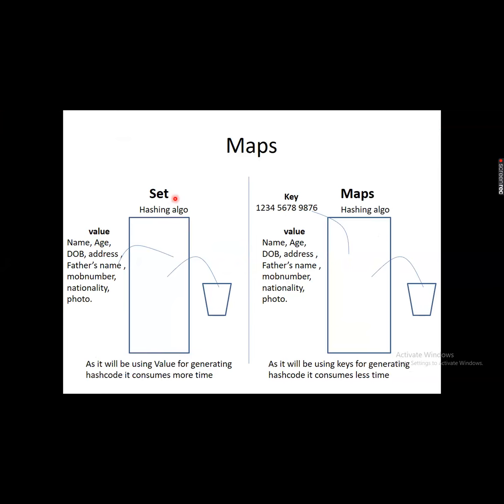With respect to maps, there are three different types of maps: HashMap, LinkedHashMap, as well as TreeMap. How will it work? I don't think I can speak in depth about all the types of maps, but if you have understood TreeSet, HashSet, and LinkedHashSet, then it works in a similar way with TreeMap, HashMap, as well as LinkedHashMap, but with small changes. What are those changes? I'll tell you.